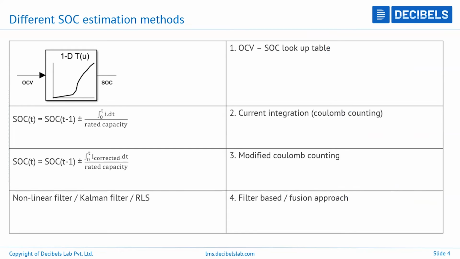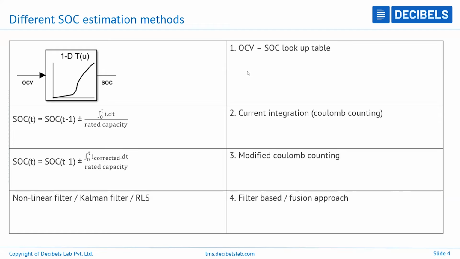Okay, so later we will see what the drawbacks of this are. In the next slide, we will have a comparison of all these methods, and we will see what the advantages or disadvantages are, right? So apart from lookup table, we have something a bit more advanced, or you can say a bit more accurate.